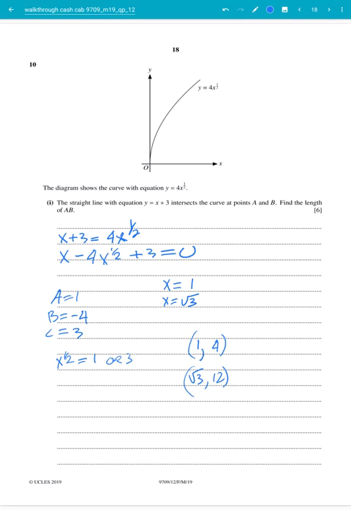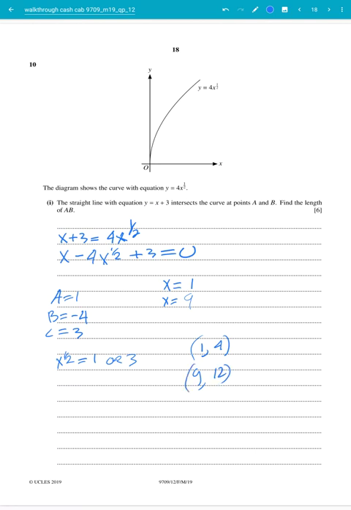Now I have to find the distance. So distance is equal to... x equals 1 or... Oh, oops. 1 or 3, so x is 1 or 9. So we look at this again, so 1 comma 4 and then 9 comma 12.